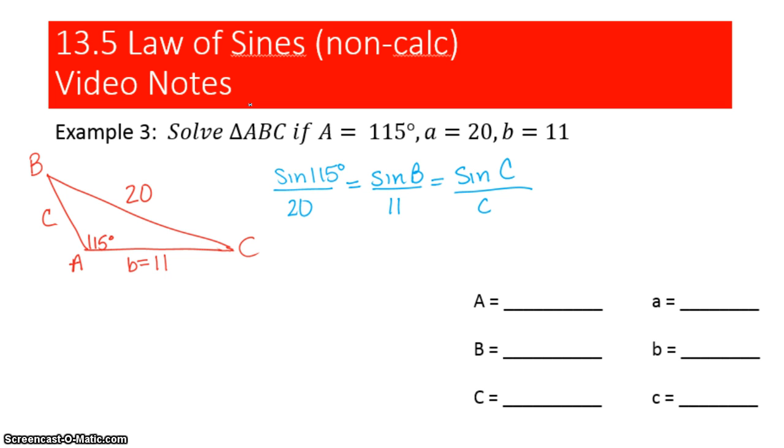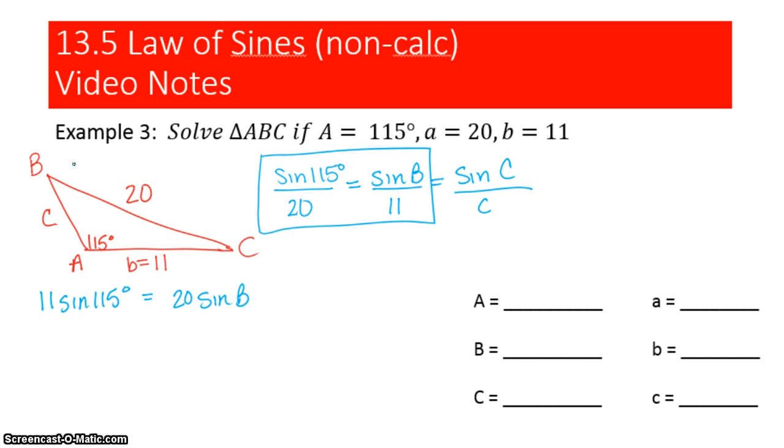So we've got some unknowns here, more unknowns than we did the last time. So I'm going to start with where I have 3 things I know and 1 unknown, and we're going to cross multiply. So this is 11 sine of 115 degrees equals 20 sine B.